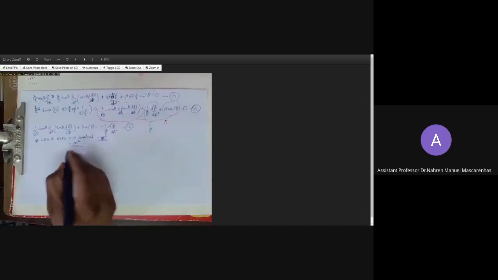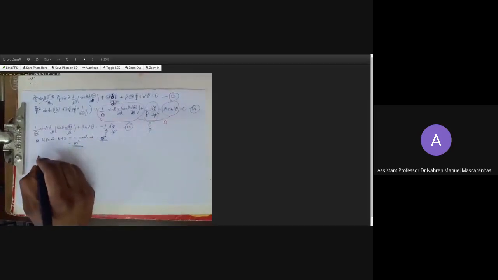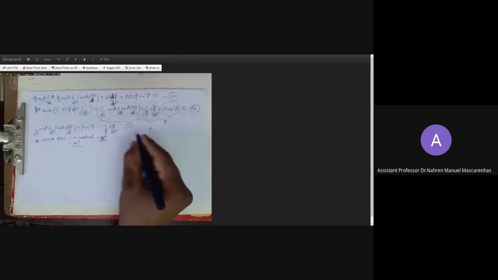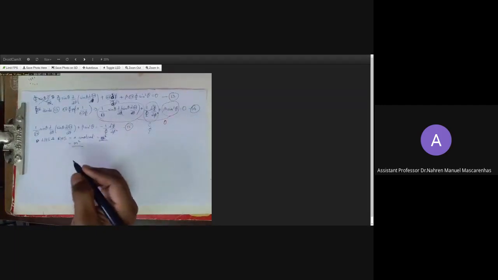So this equation can be satisfied if both are equal to a constant, which we call m square.